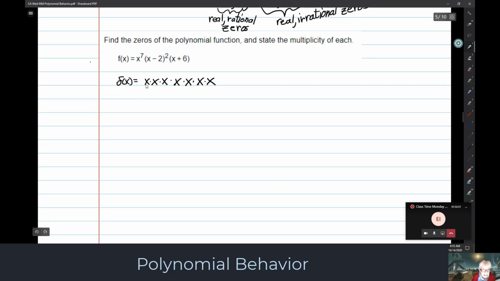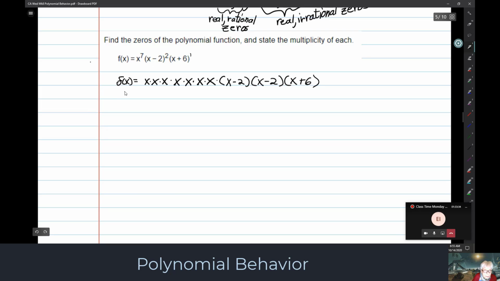Now I believe that's 7 factors. 1, 2, 3, 4, 5, 6, 7. Yes, it is. Now, x minus 2 is squared, so we'll have times x minus 2 times x minus 2. X plus 6 occurs only once.